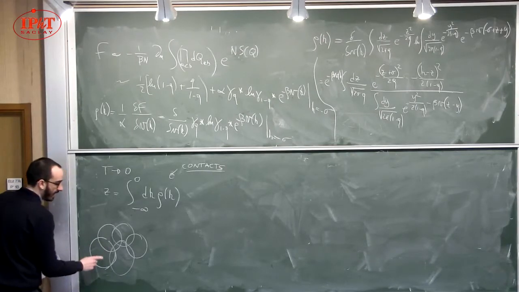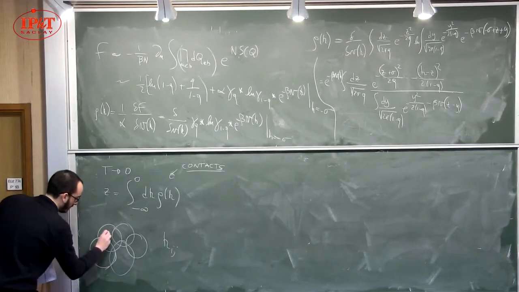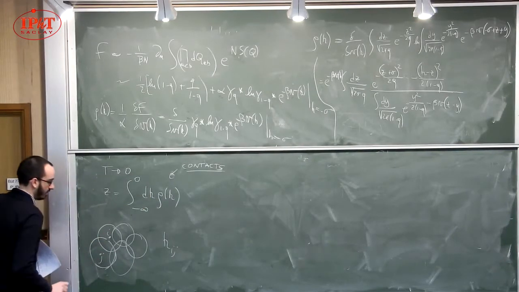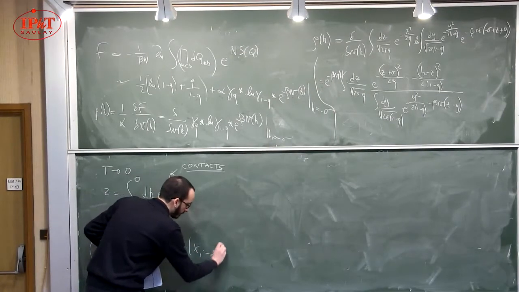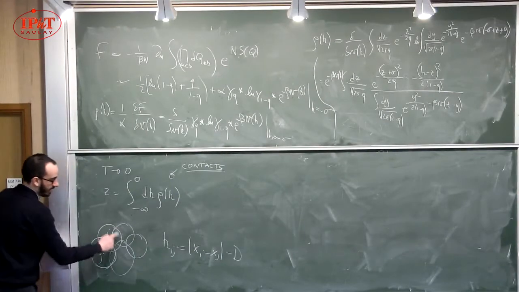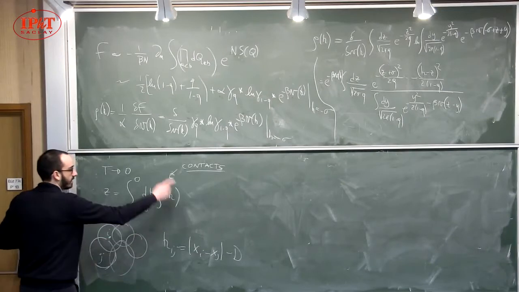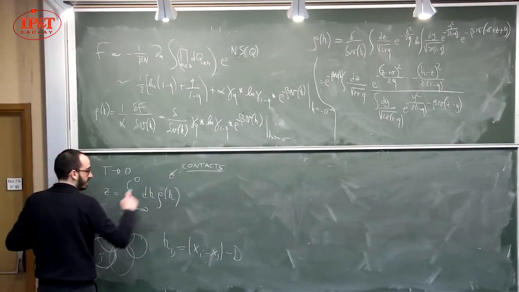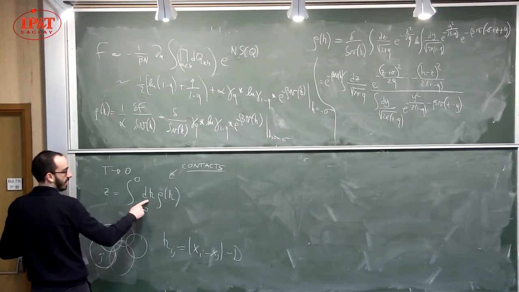In this case, the gap variable, which is, so if I have a sphere I here and a sphere J here, the gap variable is just their distance minus the diameter. So if this is negative, then this means that the two spheres are overlapping. So what I'm doing here is exactly the same thing. So I'm just looking at how many gaps are negative. Okay.